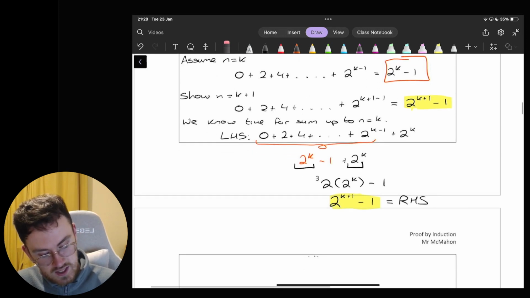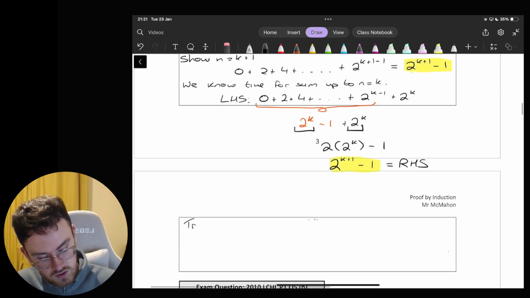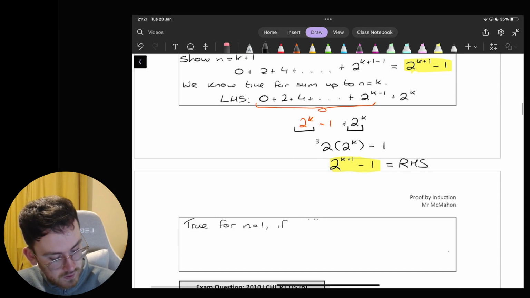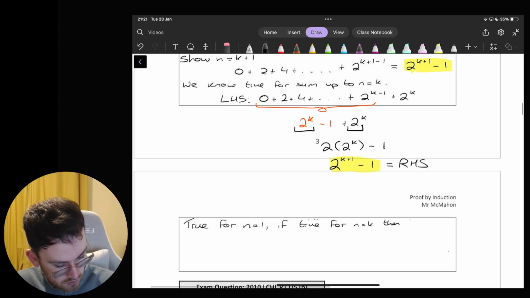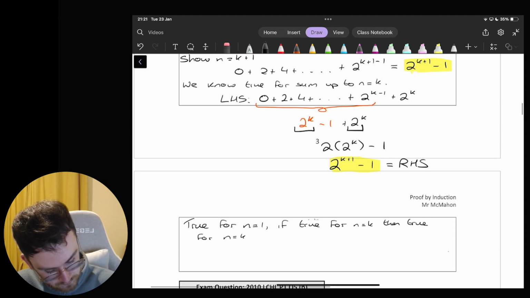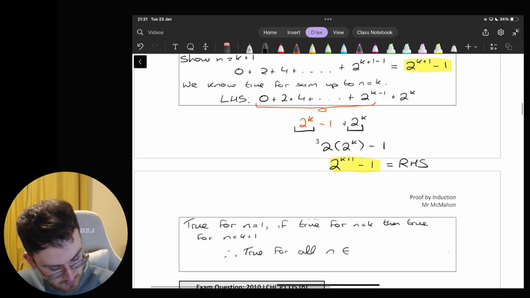All that's left to do then is my little ending conclusion. So again, it's true for n equals 1, if true for n equals k, then true for n equals k plus 1. Therefore, true for all n.